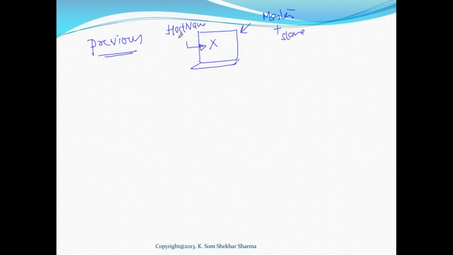How did I configure this machine to act as a master as well as a slave? If you remember, we created two files, the masters file and the slaves file. In the masters file, I gave the host name of this machine. In the slaves file, I also gave the host name of this machine. Right?